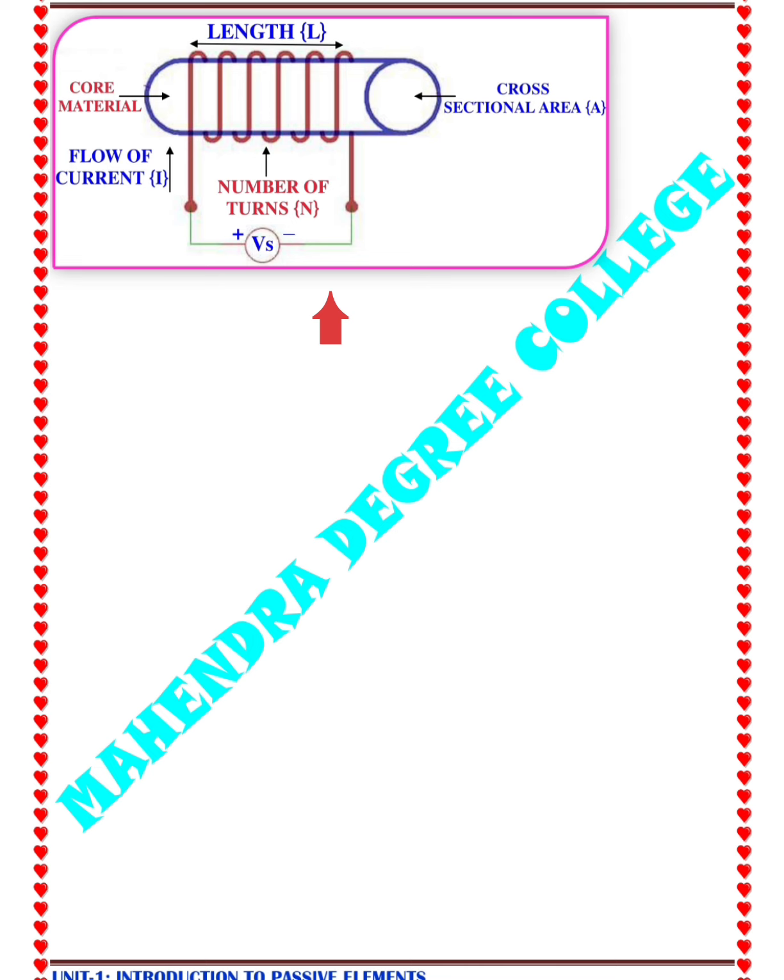Where length L: the total length of the core or coil. Inductance depends on this length. Longer core means lower inductance.